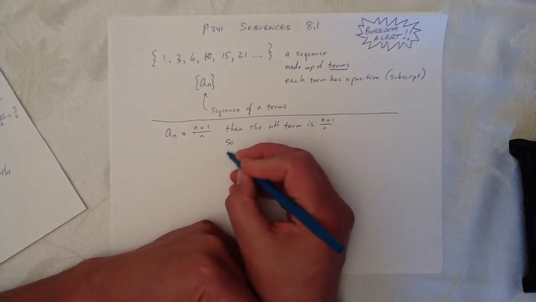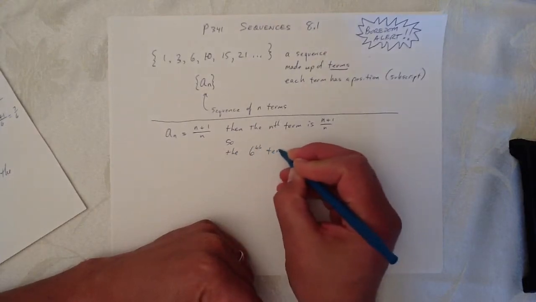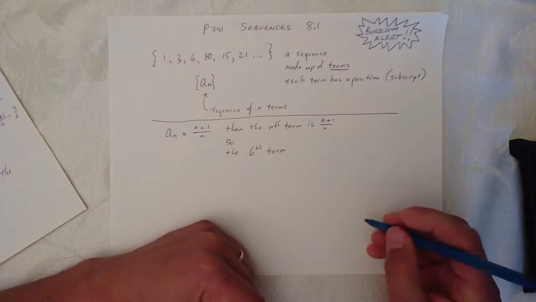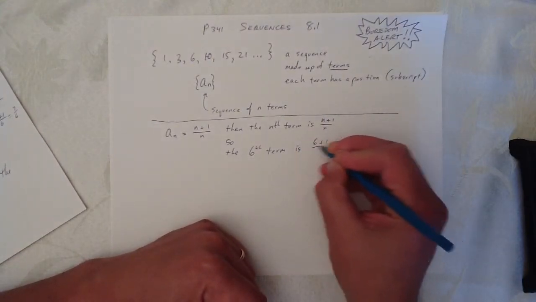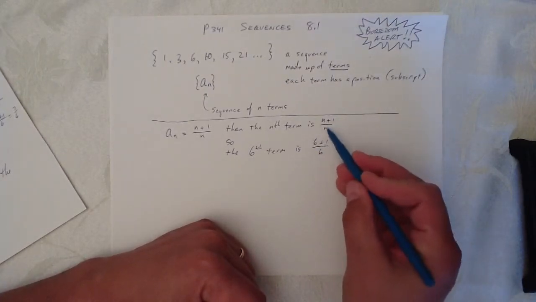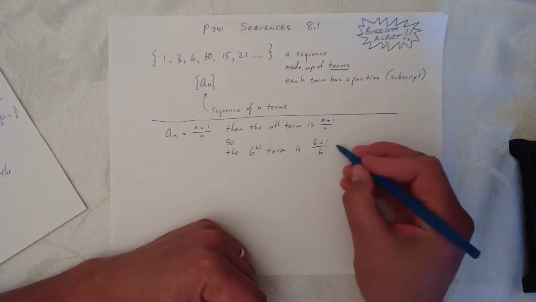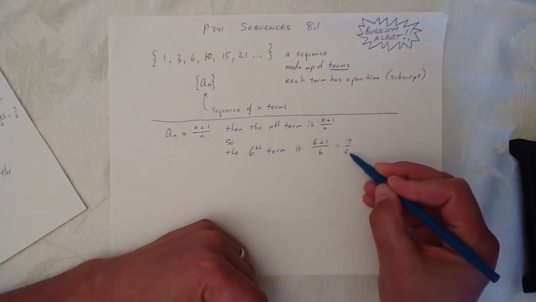So say the 6th term, as a for instance, the 6th term is (6 plus 1) over 6. Because 6 is what we have for n, so (6 plus 1) over 6 equals 7 over 6, and that would be the 6th term of the sequence.